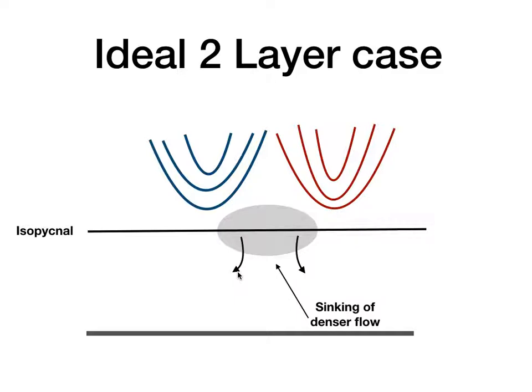So if we look at the two-layer ideal case of entrainment, this is the conceptual model where we have a surface given by an isopycnal, and we have concentrated entrainment along some isopycnal, and so we have a sinking of the denser flow, so we have negative entrainment velocities somewhere here, and you will have a cyclonic response of the upper layer, so the classic beta plume paradigm, if you want, right?